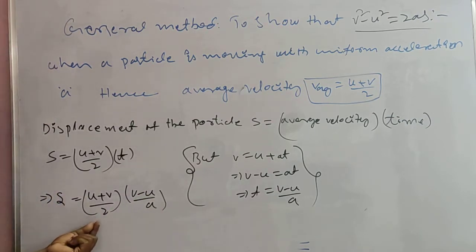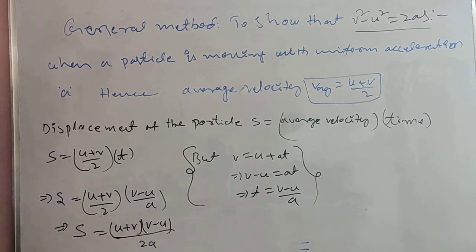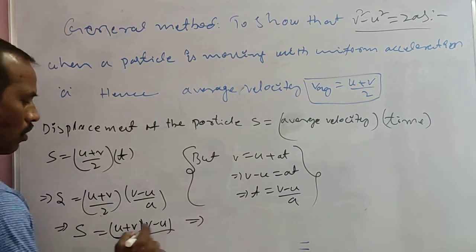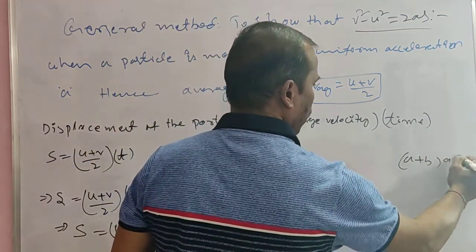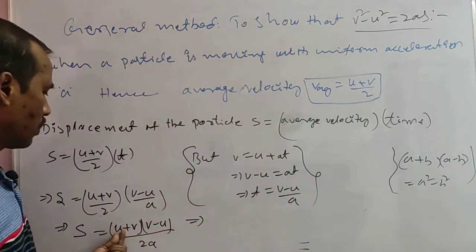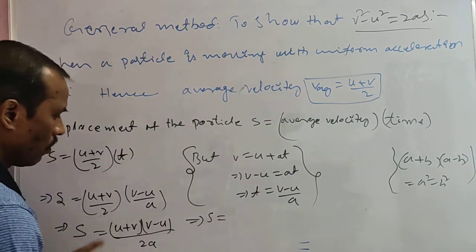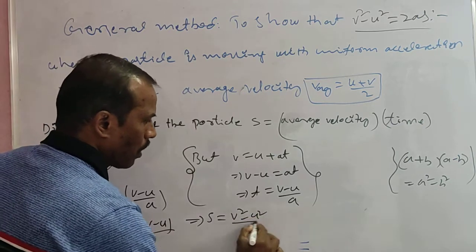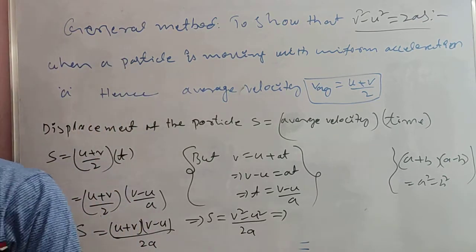The denominator becomes 2 into a, so s is equal to (u plus v) into (v minus u) by 2a. Using the formula (a plus b) into (a minus b) is equal to a square minus b square, s is equal to (v square minus u square) by 2a.